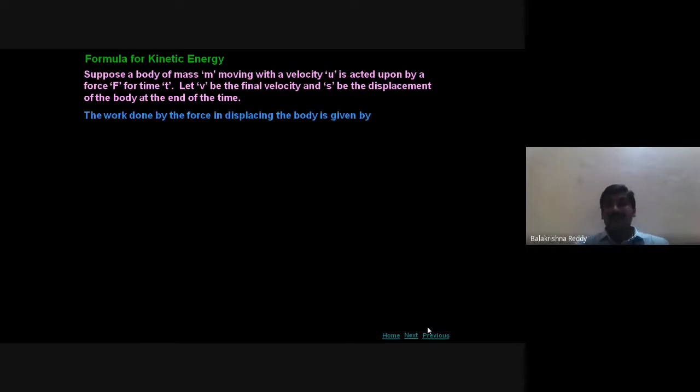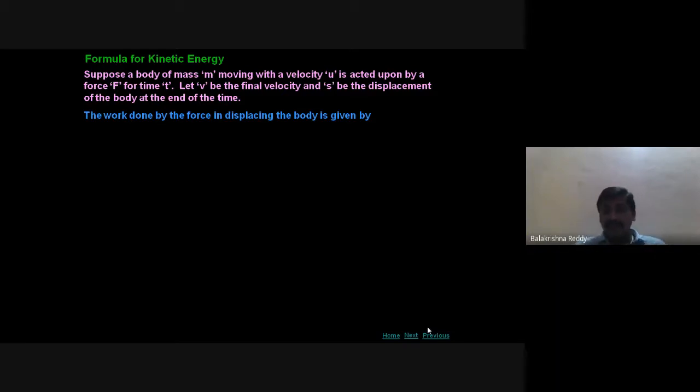In this process, we have applied force, therefore we have done some amount of work, right? When you apply force on an object, the object is displaced. Here the object is already in motion with some velocity, but due to the application of force, the velocity has changed from u to v.